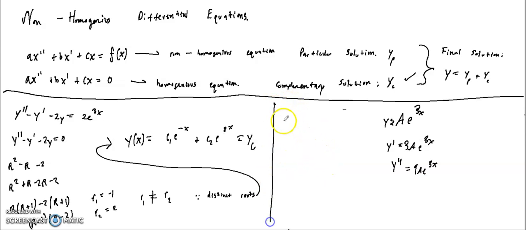Now, for yp, there's yc right here. For yp, we use our guess where f of x, this non-homogeneous part, equals 2e to the 3x, right here. And we create our guess. We know it's going to be some constant times e to the 3x.